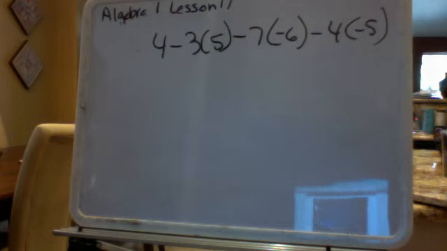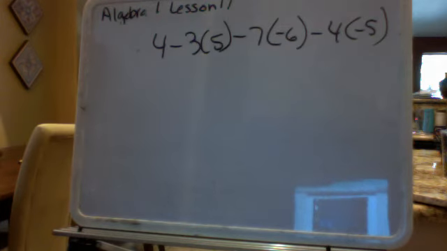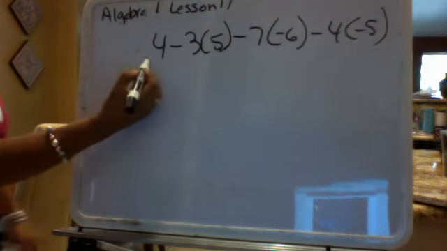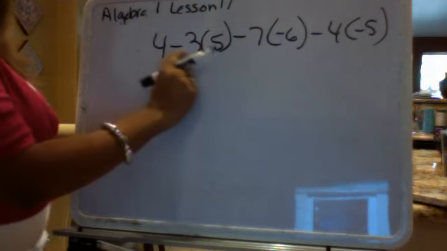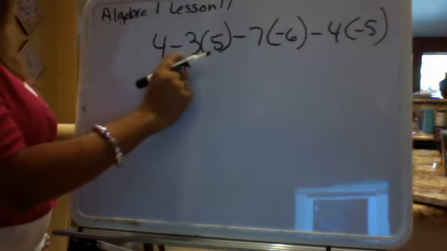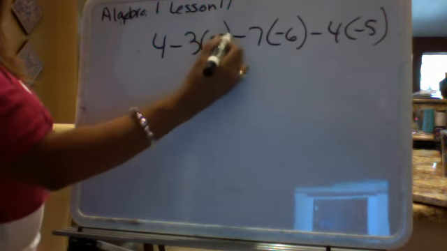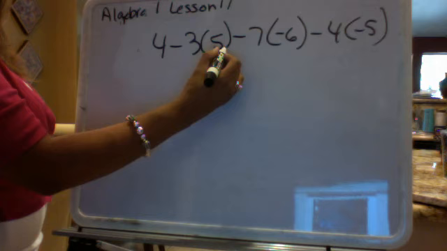If there is no plus or minus sign between symbols, and symbols could be a number or a parenthesis, then multiplication is indicated. So we've got 4. We have a minus, yes? So this means subtract this from this. Now we've got a 3 and parentheses. What does that mean? This means multiplication.